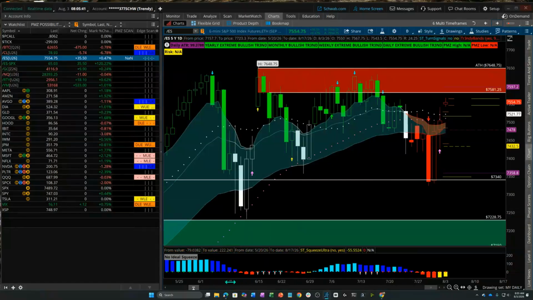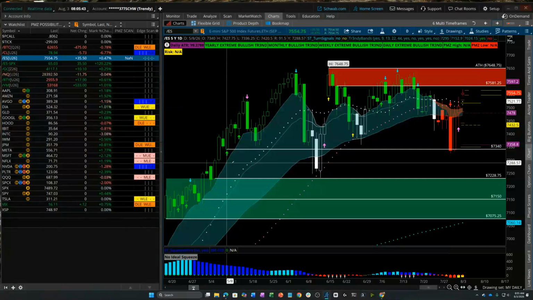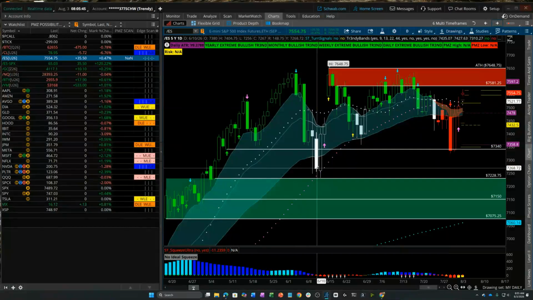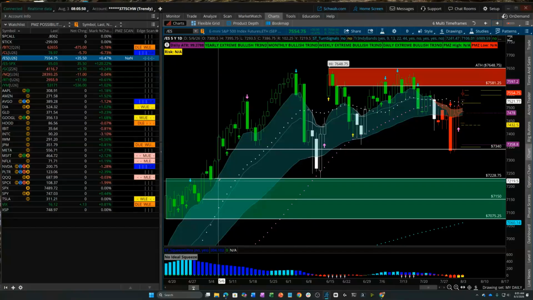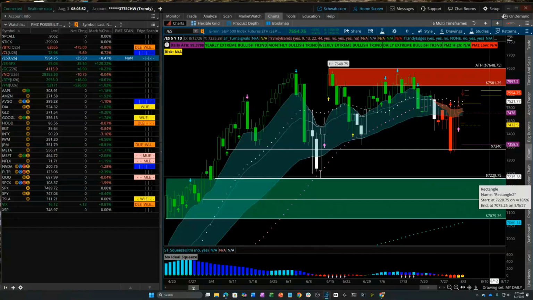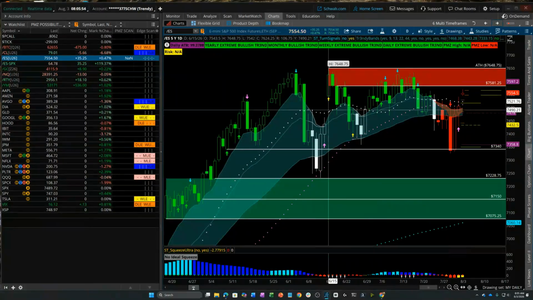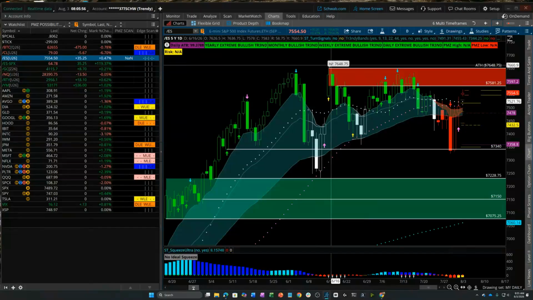73.40 was a prior demand zone that was invalidated back here on the 10th of June when we came down and touched this lower demand zone at 72.28 and then rallied up to make new all-time highs.